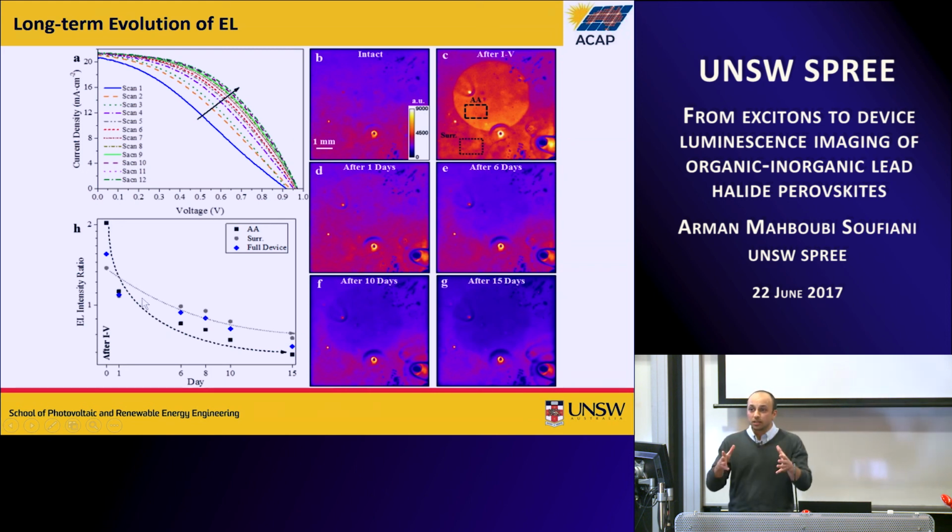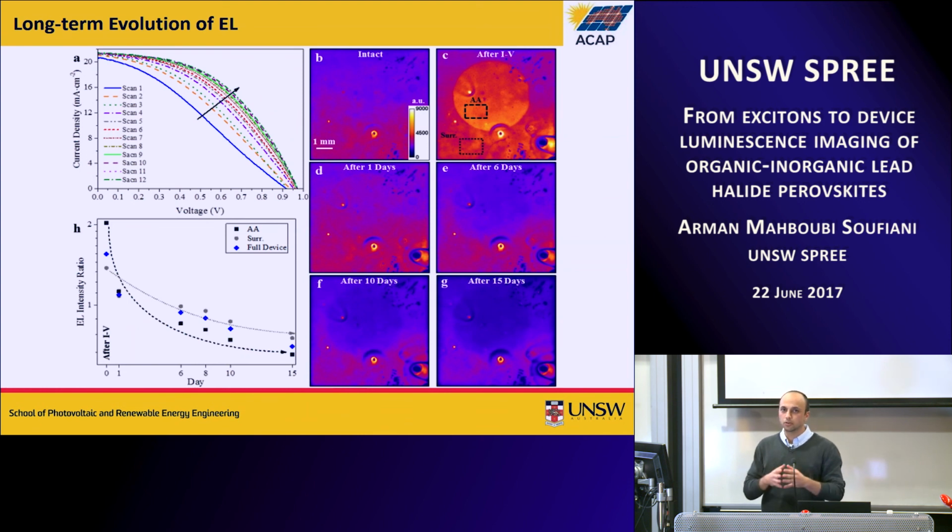So we have a device, we illuminate a region locally, and we see that the EL intensity in that region improves right after the prolonged illumination, and the PL at open circuit condition drops. Over time, we see that the region which had higher EL intensity shows a faster degradation in EL. EL is a very strong technique to give us information about series resistance by itself.